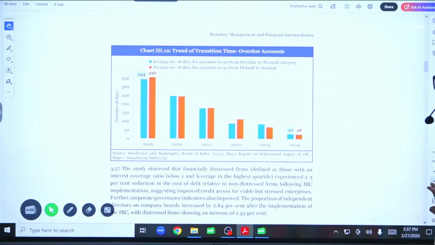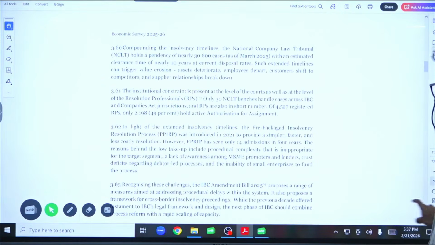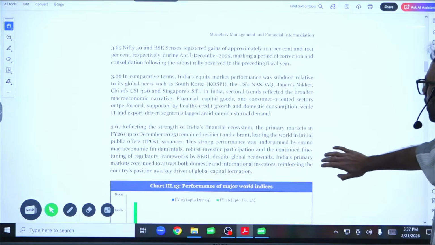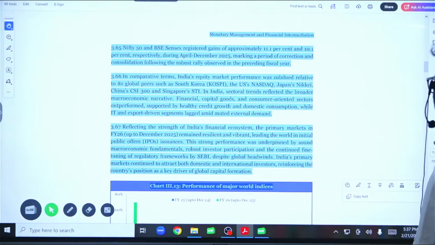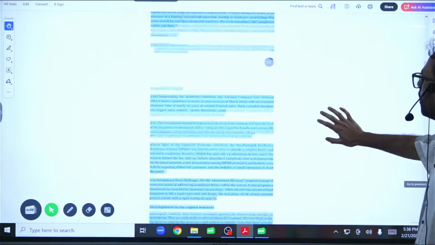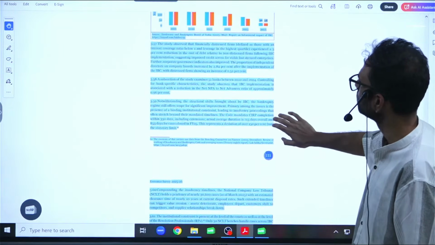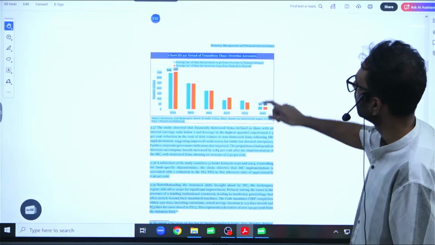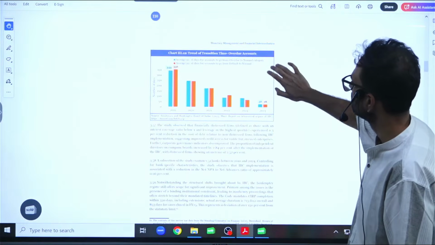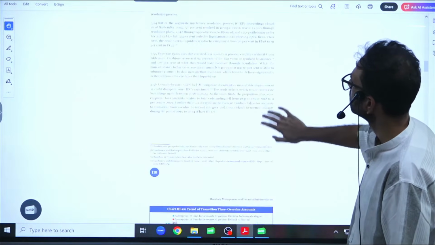Performance of solvency and bankruptcy. Take a look at the one box that I want you to. Take a look at this page number 111. This chart. Have a look at this.